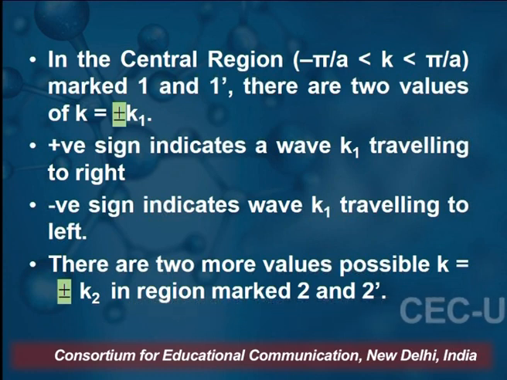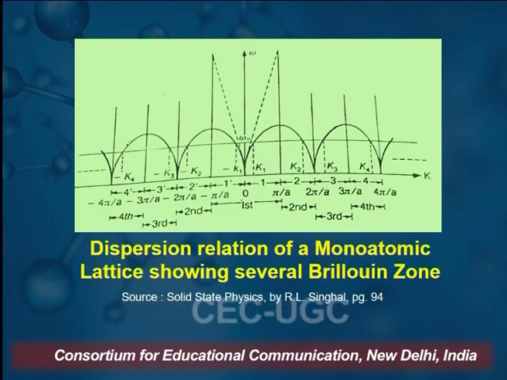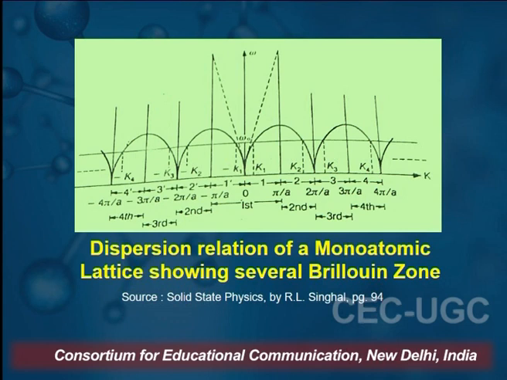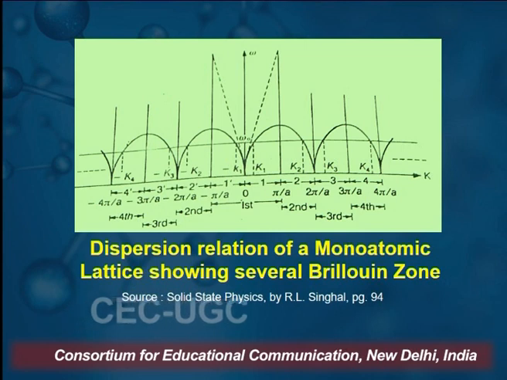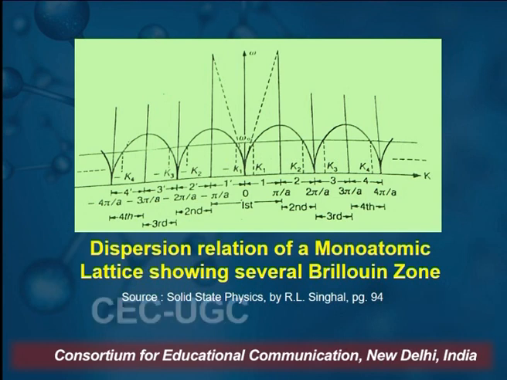There are two values of k, plus and minus k1. If I look at the figure, there will be two values of k, plus k1 and minus k1, which will satisfy the solution omega naught. I am considering one particular frequency, say omega naught.